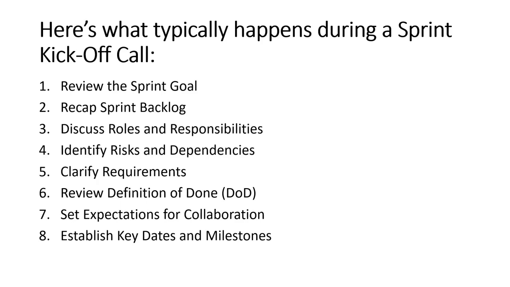We discuss those key dates, and when is the deployment day for production, and what is the hypercare period, and when the next retrospective meeting is planned after the sprint. So all these key dates and milestones we discuss during the sprint kickoff call.